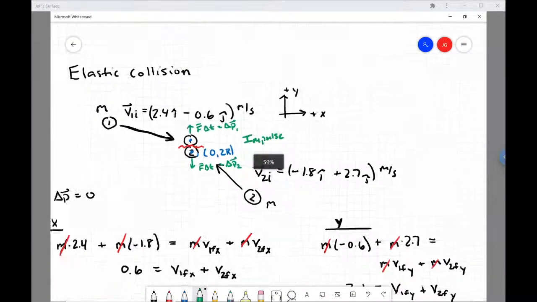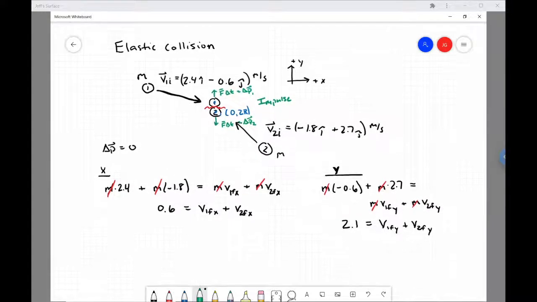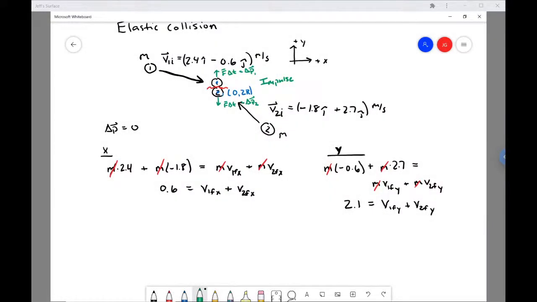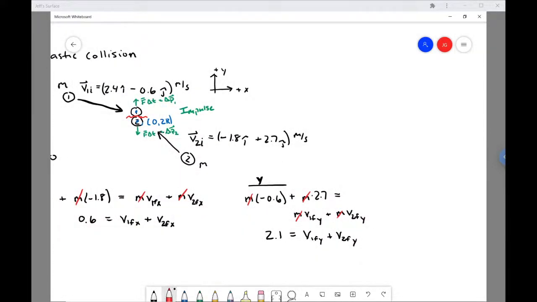All right, so then we could write out that the change of momentum in the y direction for ball 1 is going to equal, sorry.